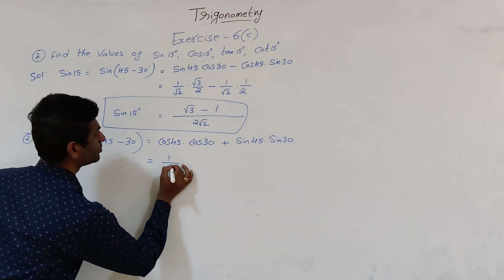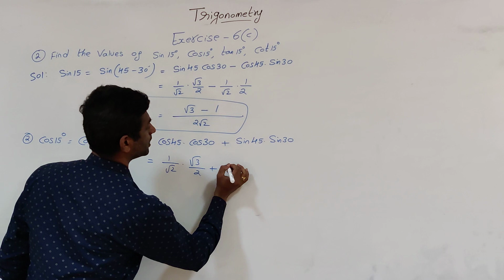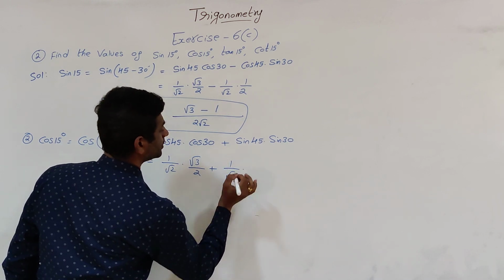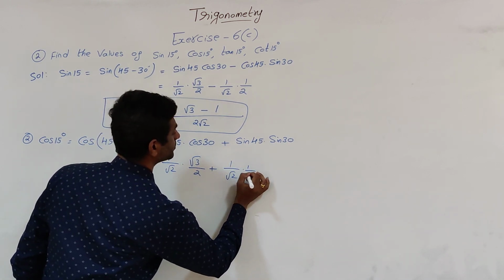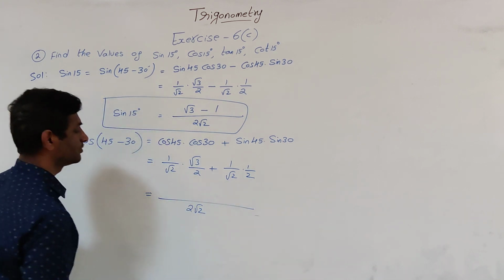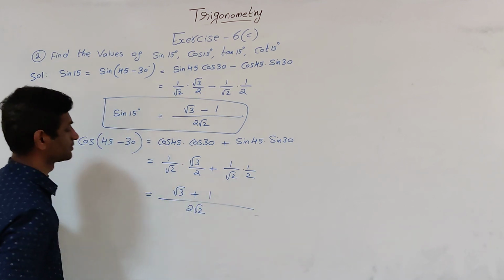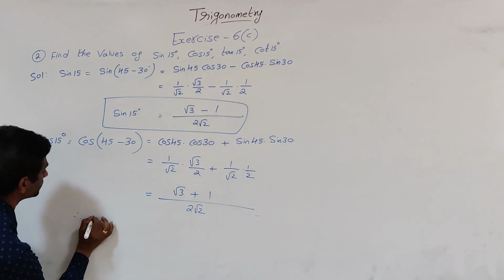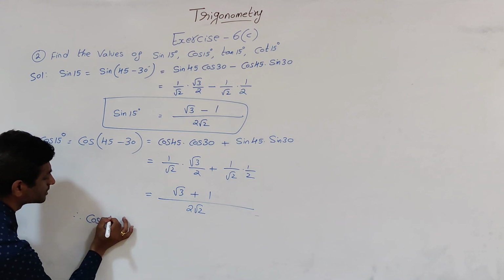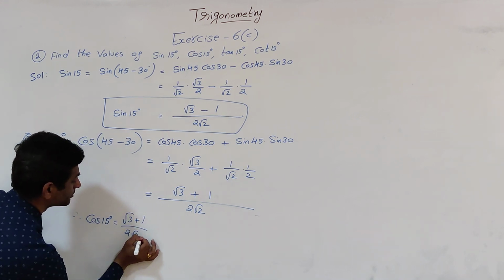It is 1 by root 2 into cos 30 root 3 by 2 plus sin 45 1 by root 2 into sin 30 1 by 2. Again the LCM is 2 root 2. The numerators will be root 3 plus 1. So therefore cos 15 degrees is root 3 plus 1 by 2 root 2.